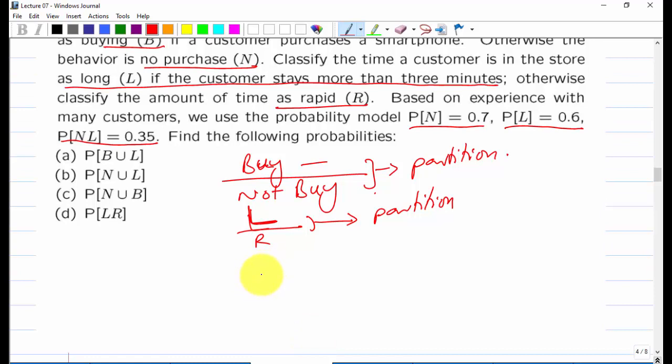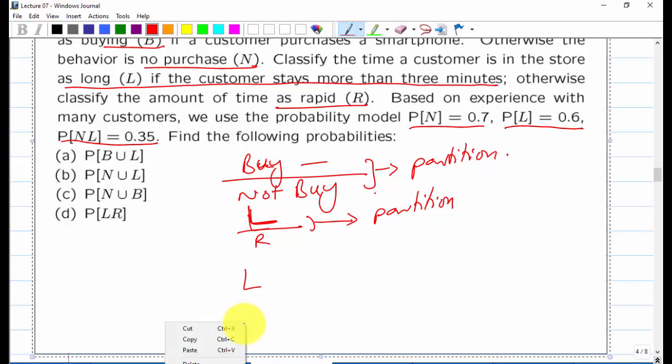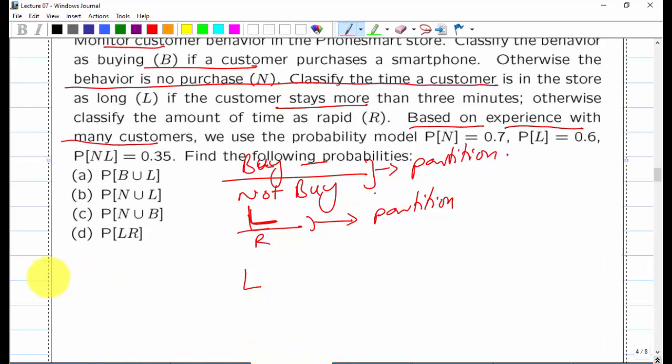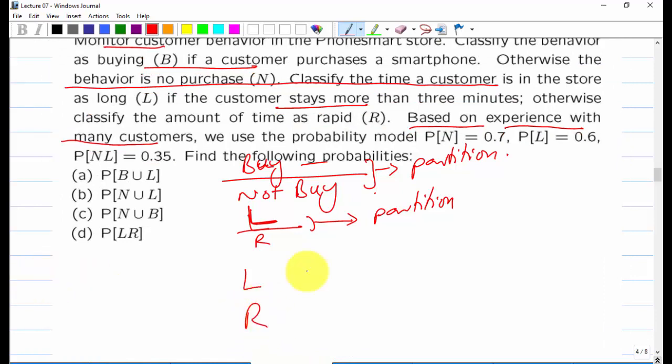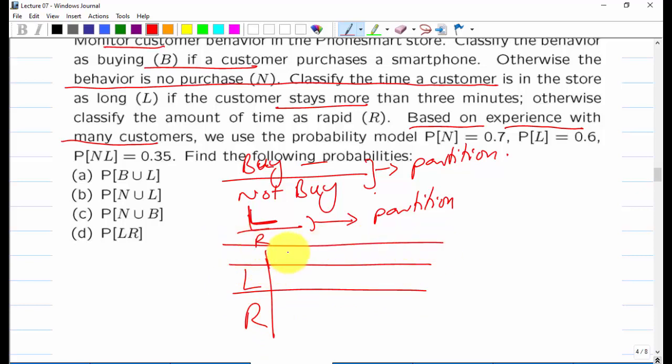So we can say that L, or rapid, buying, not buying, and we will fill this table with all the information that we have been given.